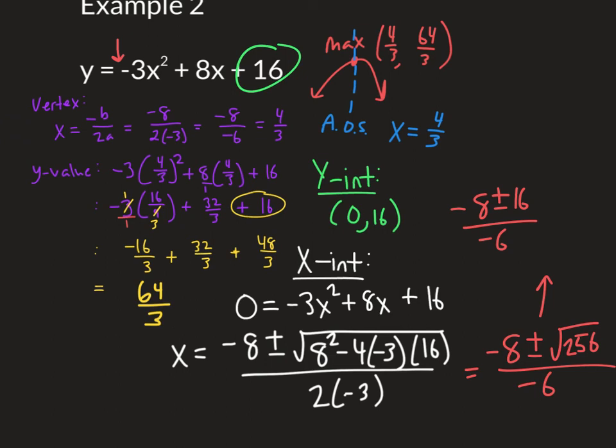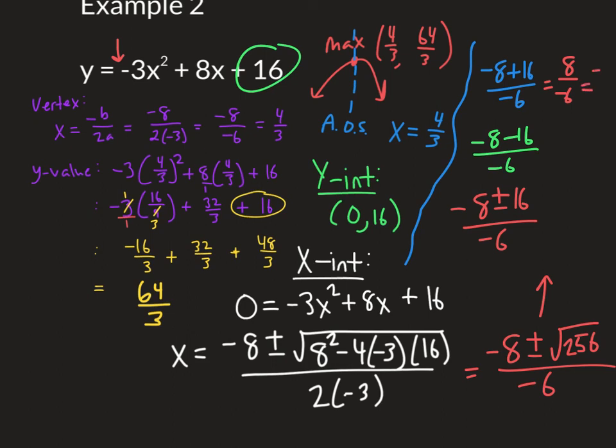Okay, so that's going to give us two cases. -8 plus 16. Okay, I'm trying to get this all on one page. -8 plus 16 over -6, and also -8 minus 16 all over -6. So if we simplify those and get some answers here, the negative 8 plus 16 is 8 over negative 6, which is negative 4/3 reduced.